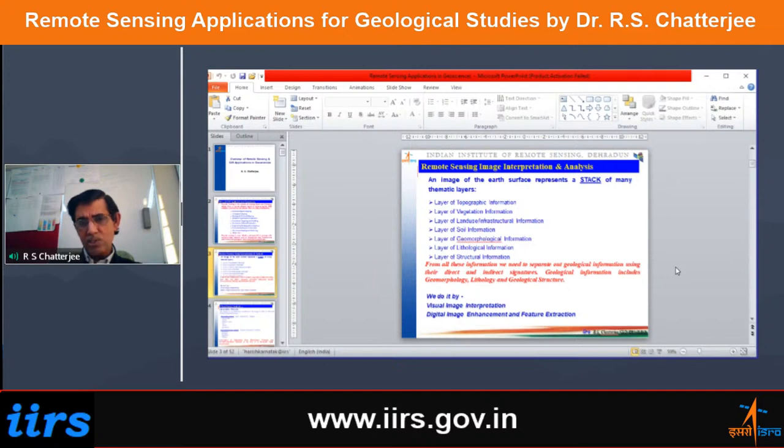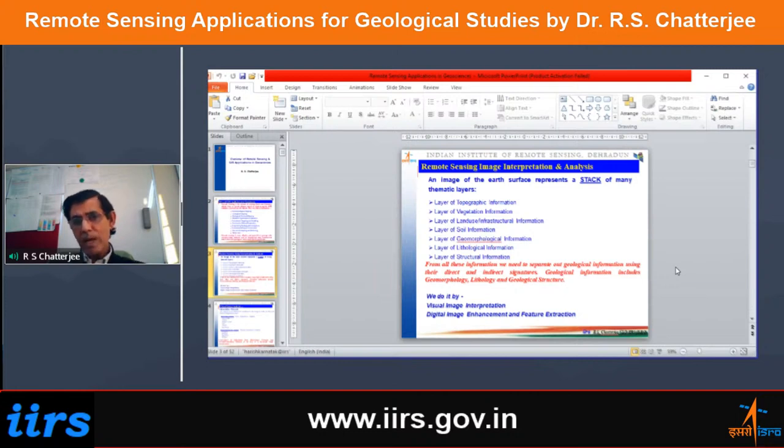These are the three basic geological information that we need to separate out, which is available on the image in the form of direct signatures. Sometimes direct signatures are not very prominent, so we need to rely on the indirect signatures. So using these direct and indirect signatures, we as remote sensing geologists need to separate out this geological information.